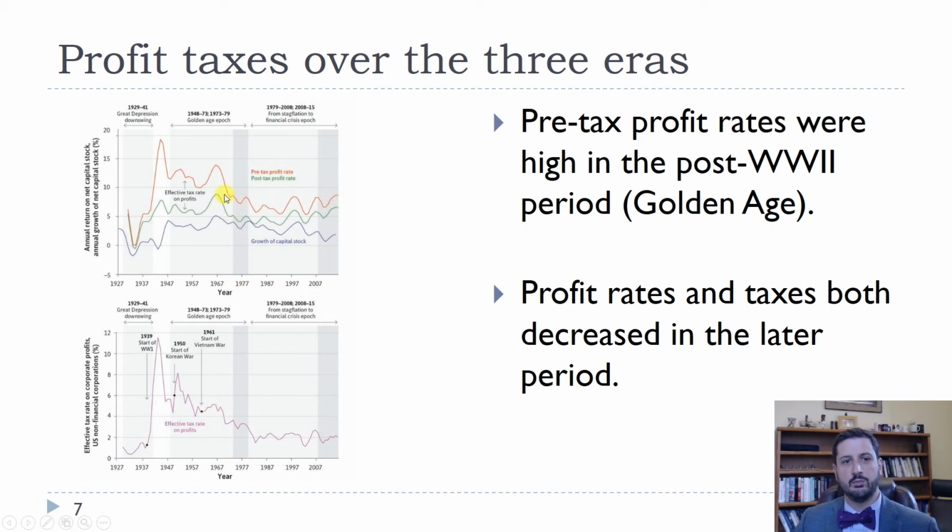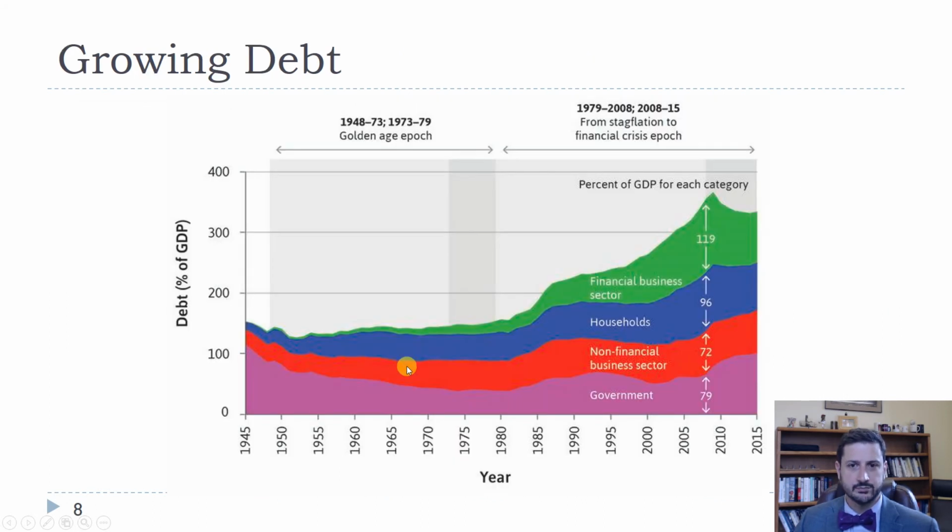And then pre-tax profits started to fall, but so did taxes, and so post-tax profits, our green line here, stayed about the same. And so one question is, how are those two related? What does that have to do with investment? What does that have to do with productivity growth? And so we'll explore that as we look at the history over the last 100 years.